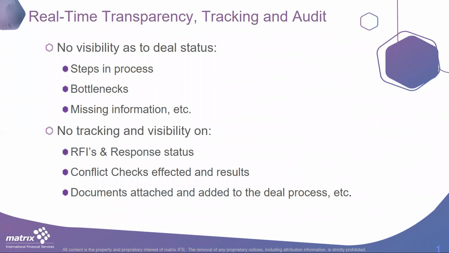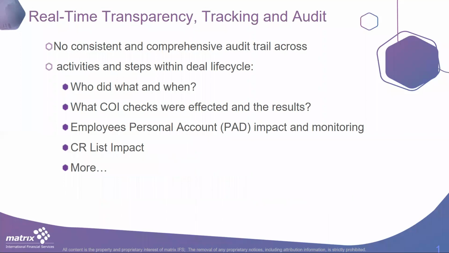The main part of this is the audit trail, where we've seen nowhere that there is a consistent and comprehensive audit trail across the relevant activity of a deal. So when you have an internal audit, or even an external one, you have no idea who did what and when, what kind of conflict checks were affected, what the results were, any implication on personal account dealings regarding the list, if anybody asked to trade on securities that are on the control list, and what the control room list impact was.